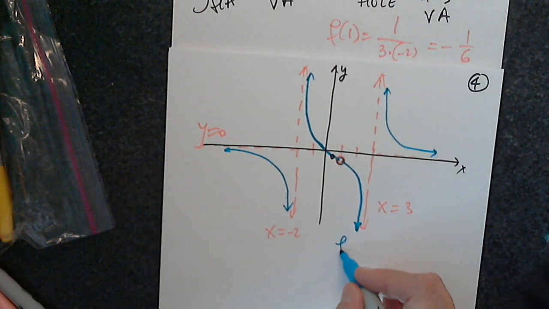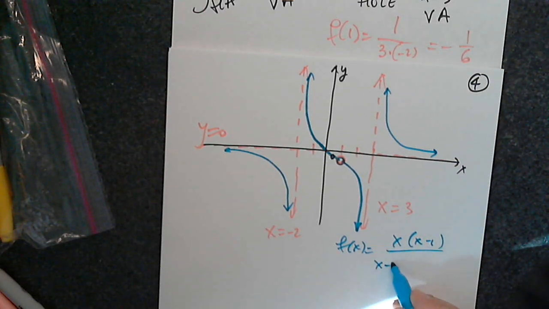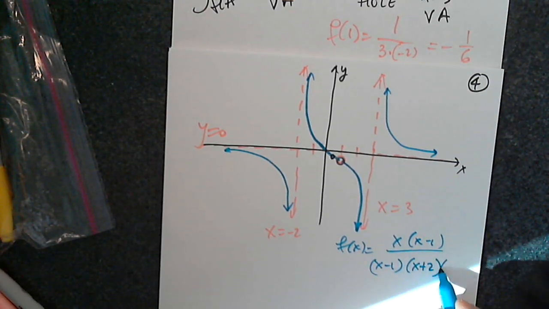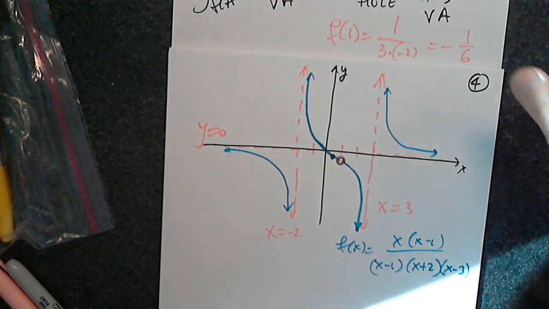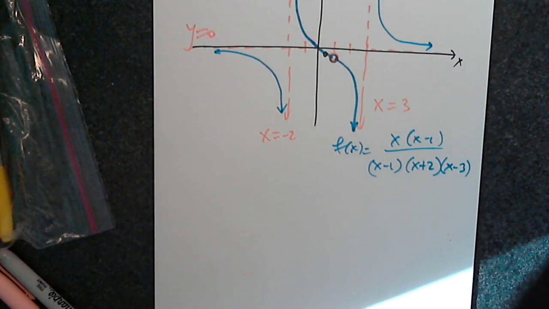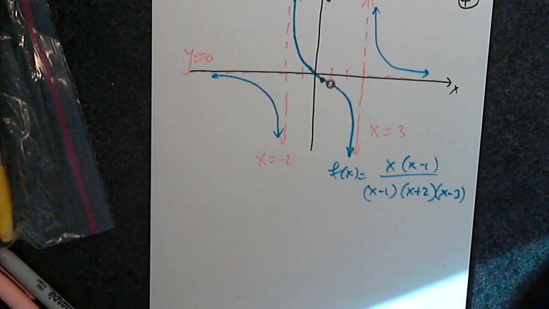Now we know how to graph rational functions. They're not easy. And this is type 2 because the horizontal asymptote is 0, y equals 0. They're not easy, they're not difficult, we just need to practice.